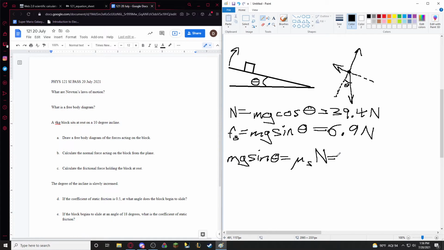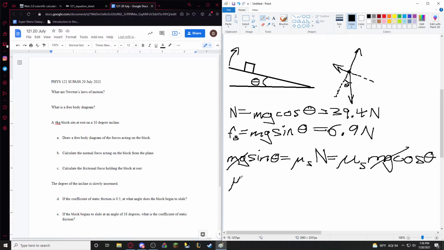This is the point at which it will start sliding. If we plug in our normal force of mg cosine theta, we get mu s mg cosine of theta. Now we can cancel out mg on both sides.